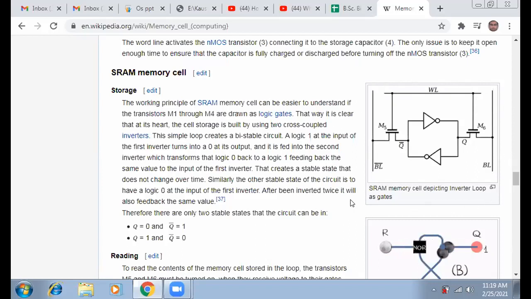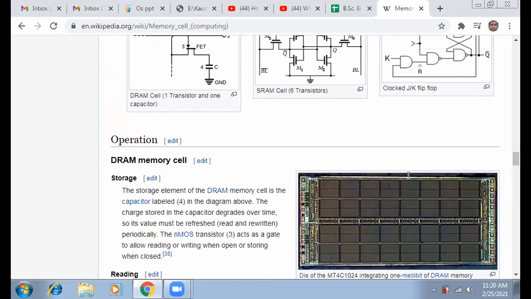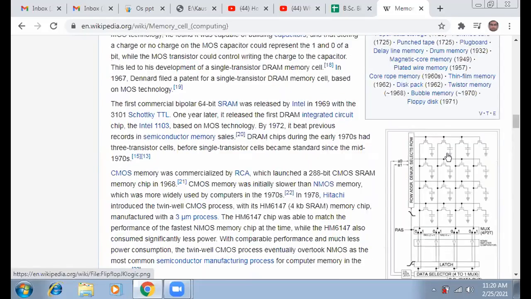Millions and billions of these single cells are gathered together to create your actual RAM. The RAM is the chip within the motherboard. Within the RAM chip, it is nothing but a collection of hundreds of millions and billions of these cells.